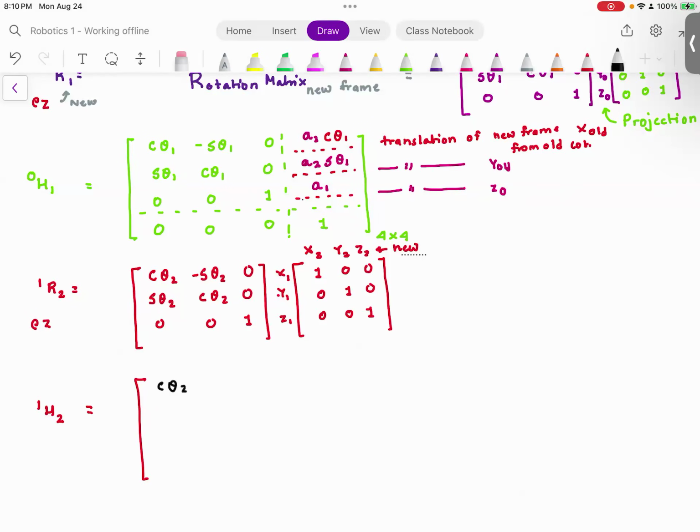Cosine theta 2, minus sine theta 2, 0; sine theta 2, cosine theta 2, 0; 0, 0, 1. Do you agree with me? Then I'm gonna add this bottom row, and every time you do it, it remains the same: 0, 0, 0, and you're gonna have 1.